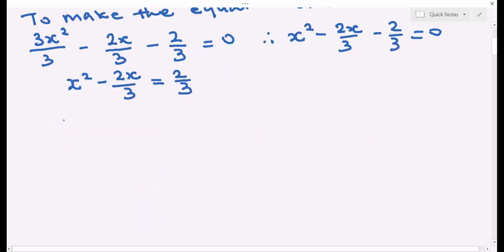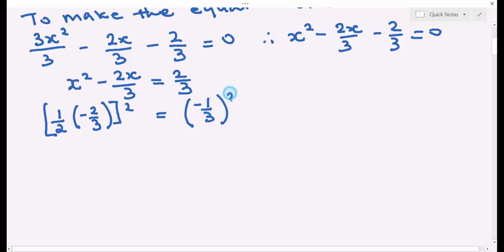So we make the left hand side a perfect square. We say half of the coefficient of x, which is half of minus 2 over 3. Then we square the result. This will give us minus 1 over 3 squared. So we add this result to both the left hand side and the right hand side.